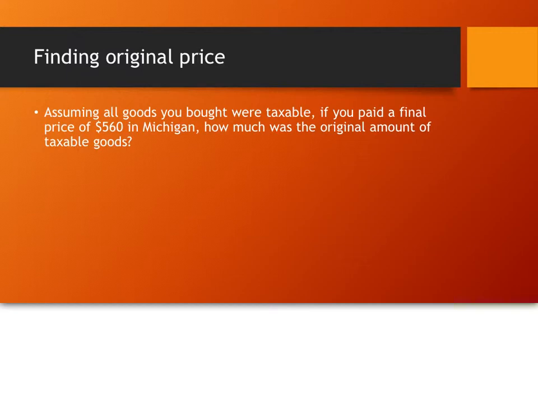Now we're going to do the reverse. Now, if I said I have the final price, what's the original amount? Now this just takes a bit of algebra, but we're going to set up a really quick equation. We know that the final price is going to be, since we're in Michigan, 106% times the original, right?